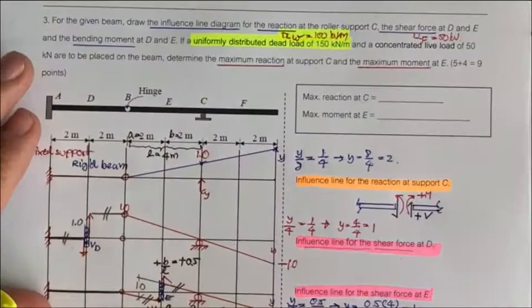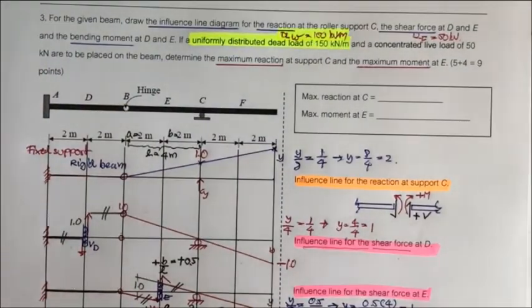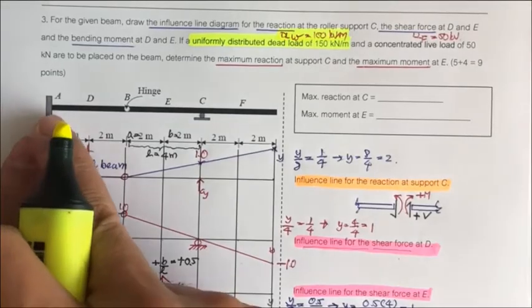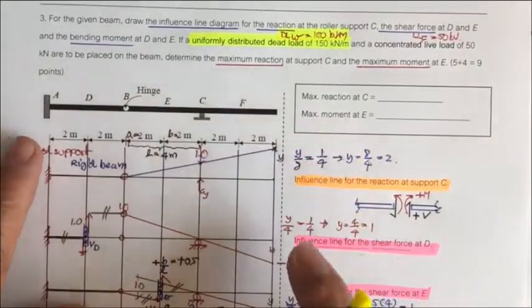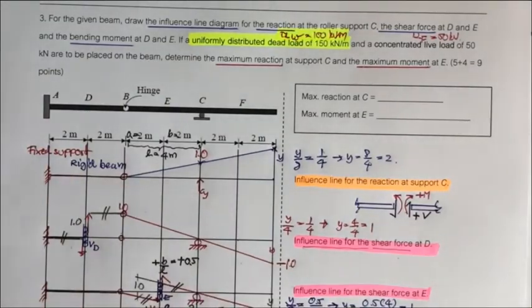The dead load has some characteristics. One is that it is distributed along the whole length of the beam, because most of the dead load is the self weight of the beam. You cannot eliminate it. It's going to be there in total.